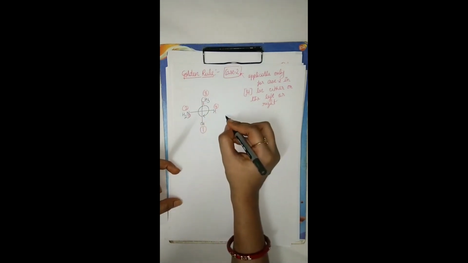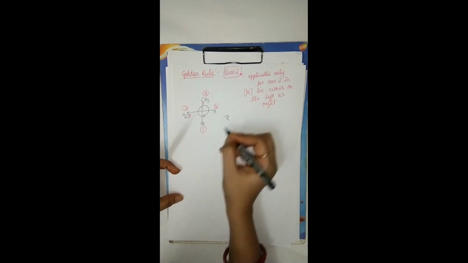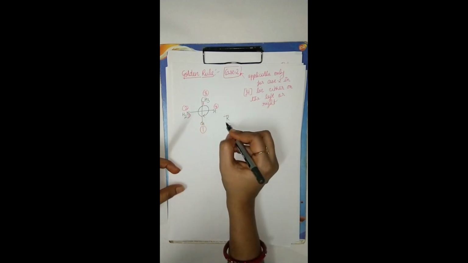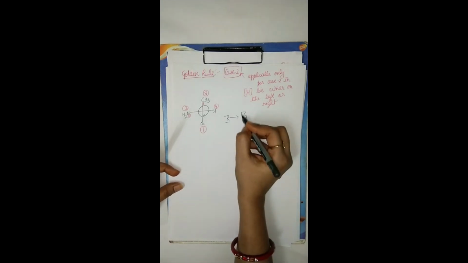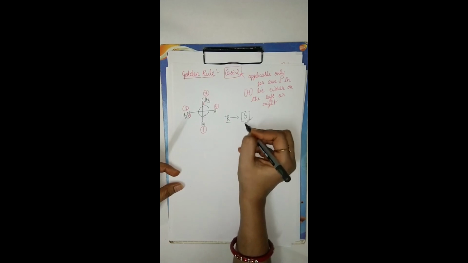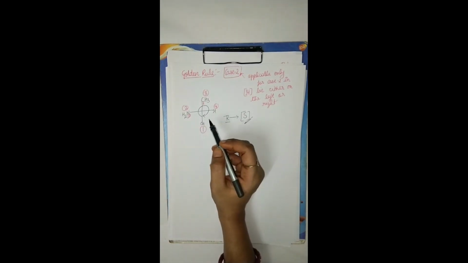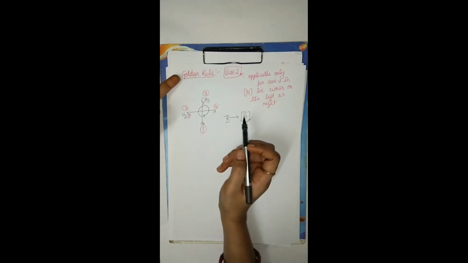And whatever configuration is coming, I think this configuration is coming R. Whatever the configuration is coming, write it down straightforward, and it is converted into S configuration. This is the S configuration. This is the answer.